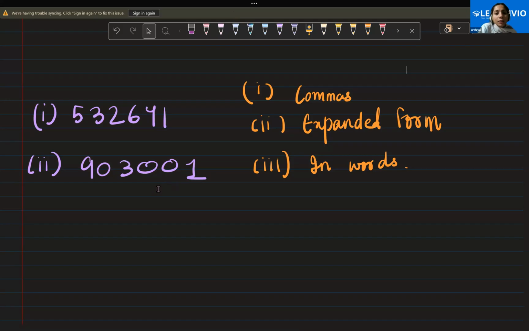30,001. Okay, I'll tell you what's incorrect here. First of all, if you're getting confused, write down the place values. This is one, 10, 100, thousands, 10,000 and lakh. So till here it's correct. 9 lakhs is correct. But this is 3,000.